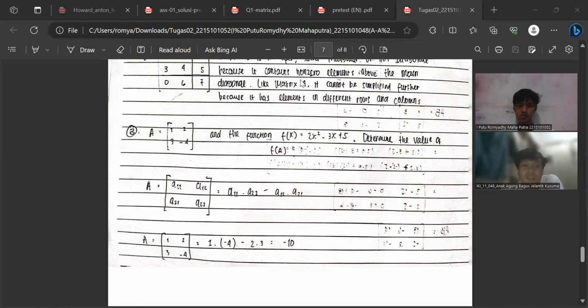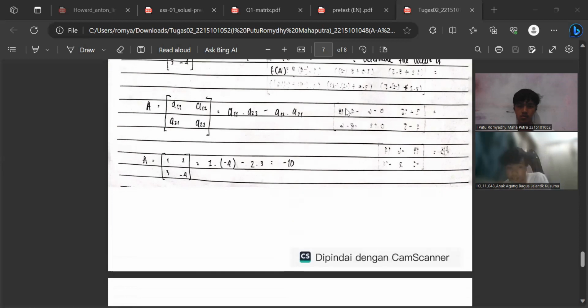So from the matrix A, we can simplify that the value is minus 10, and then we substitute into the function f(x) = 2x power 2 minus 3x plus 5.